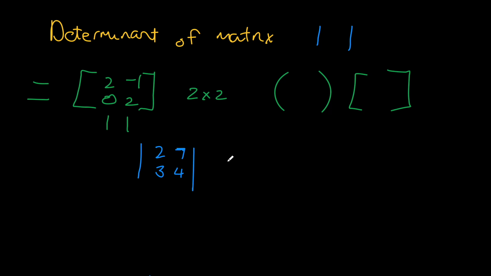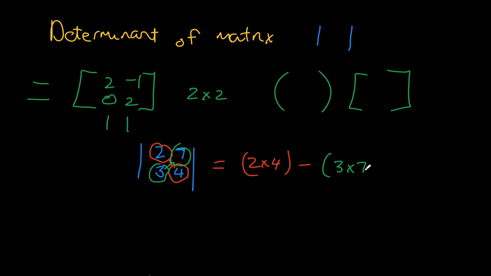And now to get the determinant, we have to multiply. So we start with the top left and multiply it by the bottom right. So we say 2 times 4. And then we subtract the bottom left with the top right, the multiplication of those two.